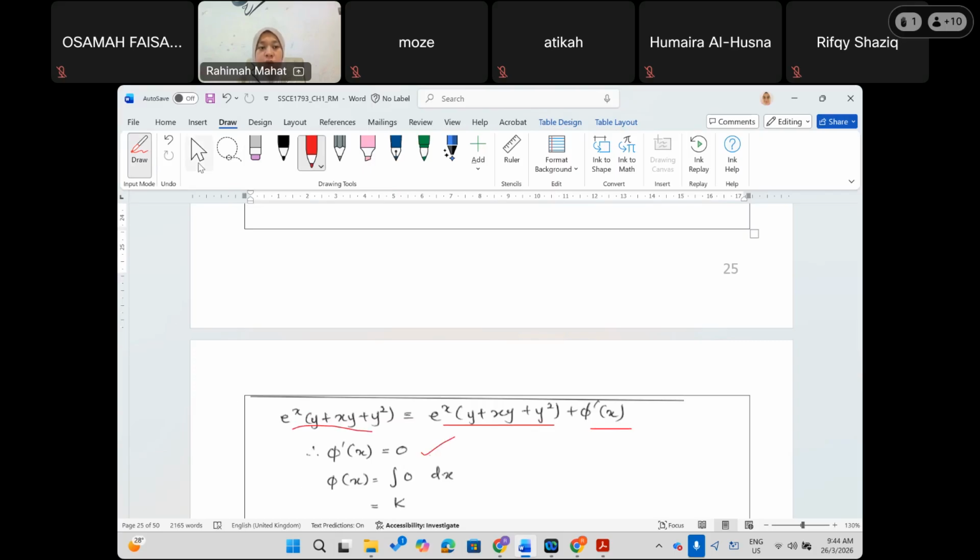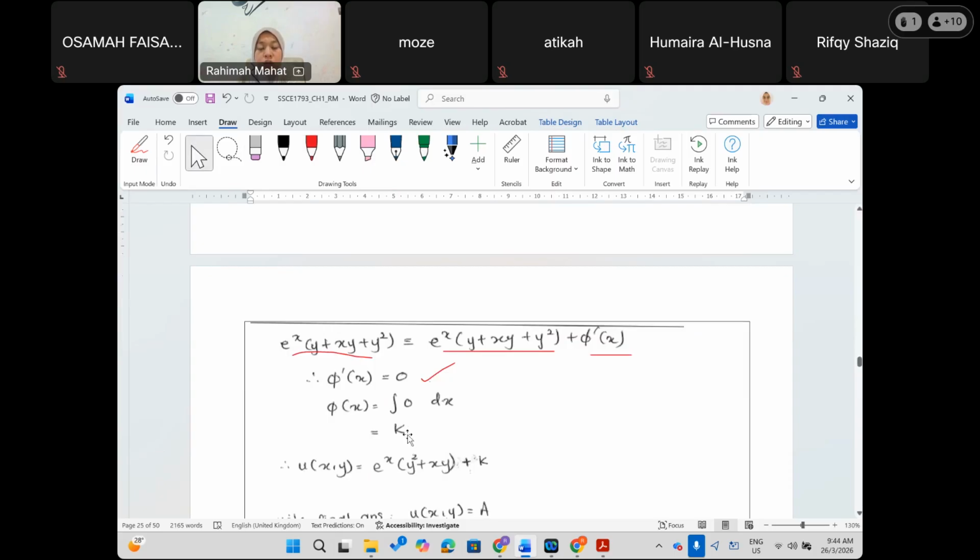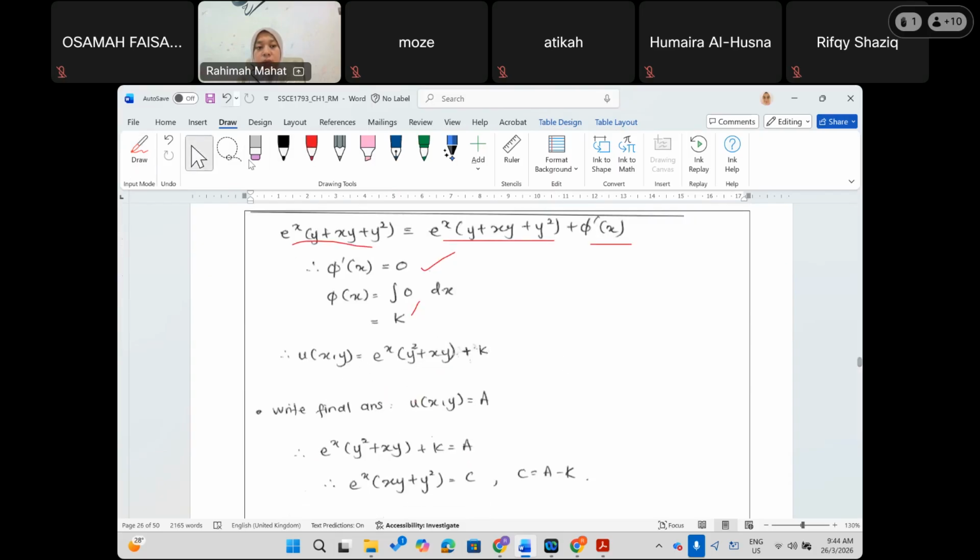So you do the integration, 0, we get constant. Constant means any number. And this is your final answer, plus a. So the final answer, u xy is equal to a. So this is your final answer. And this one you move to the other side.